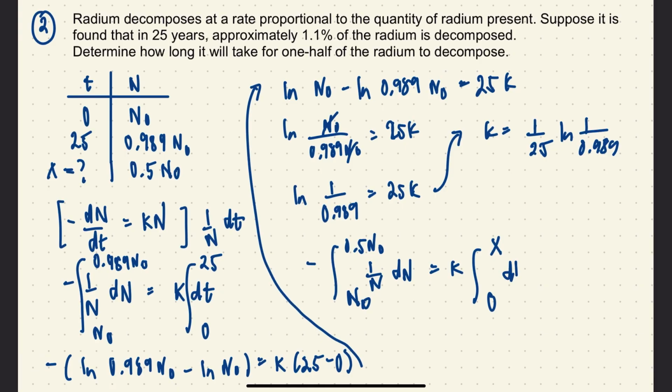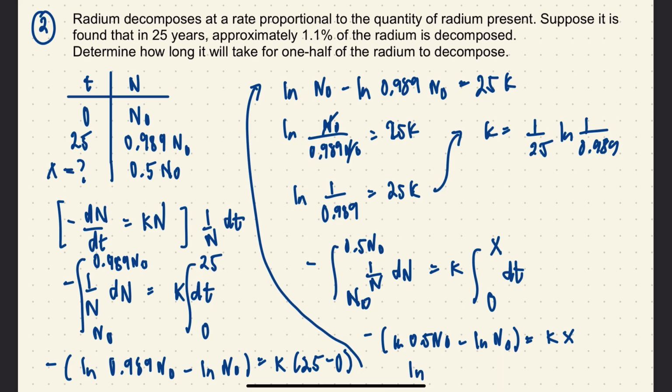x dt. So you will get negative ln of 0.5 N0 minus ln of N0 is equal to k times x, basically. Rearranging, we'll skip some steps, distribute the negative sign and rearrange the ln.